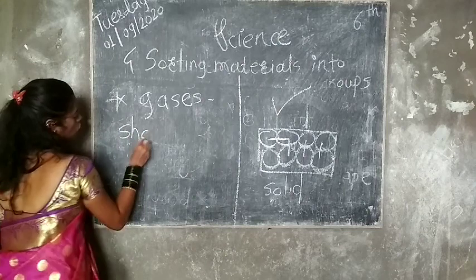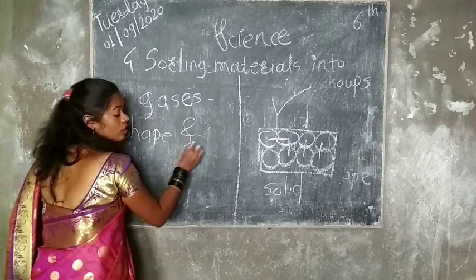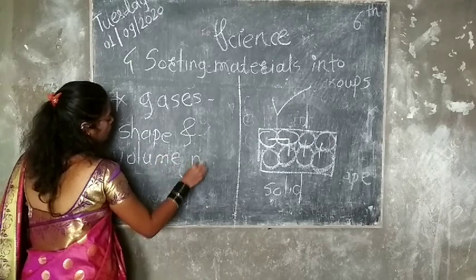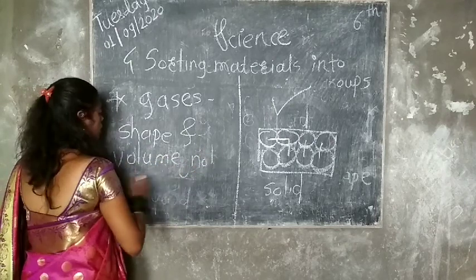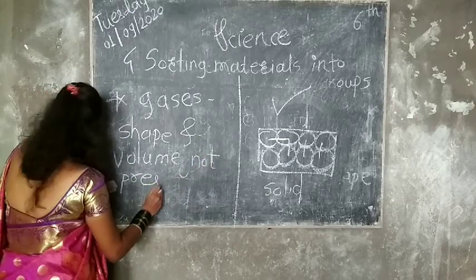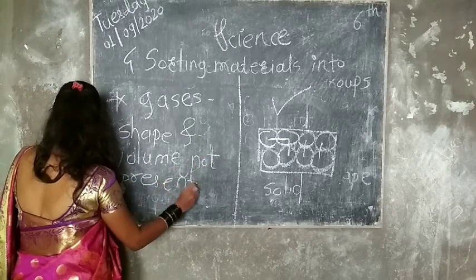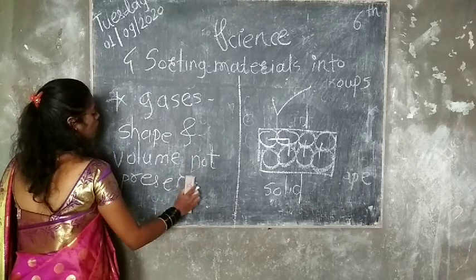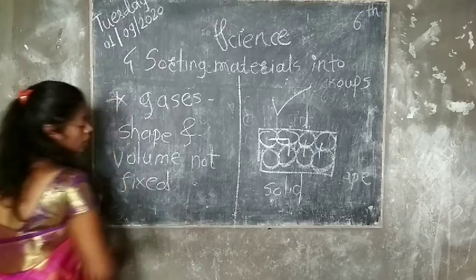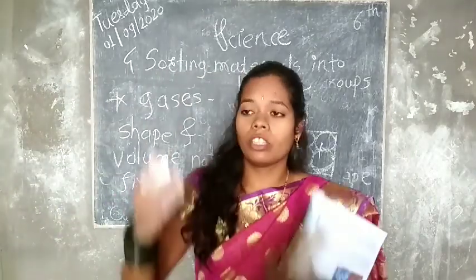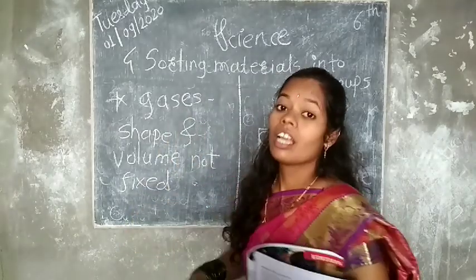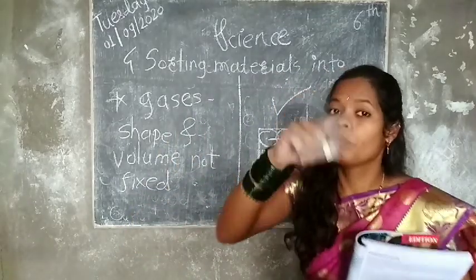See, shape and volume are not fixed or not present. They don't have a fixed volume and shape. It will vary every time. This time it will be different, next time it will be different, because of the arrangement of molecules.